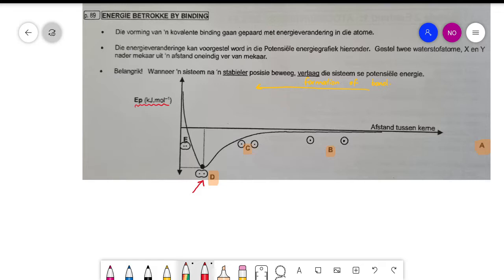So sê nou maar ek sê vir julle, hierdie is die punt F. That point on the graph is F. Then the bonding energy, or the bond energy, sorry, will be the distance from F to D. This gives us the bond energy.